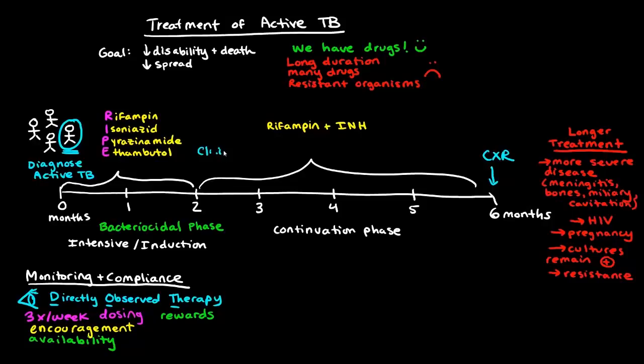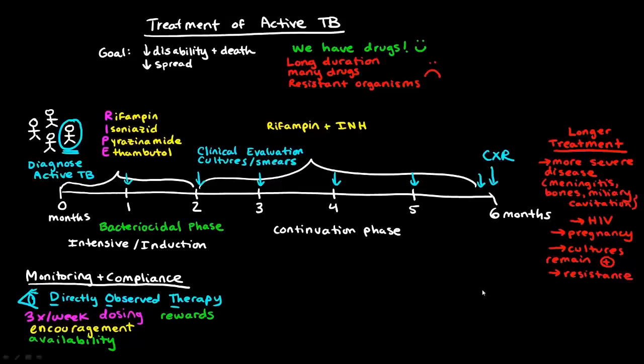We're also obtaining cultures from their sputum, if it's pulmonary TB, at monthly intervals to make sure that they become culture negative in the anticipated 2 or less months. If cultures aren't available, you can do smears of their culture, but it's better to get cultures when they're available. And so that's all part of monitoring.